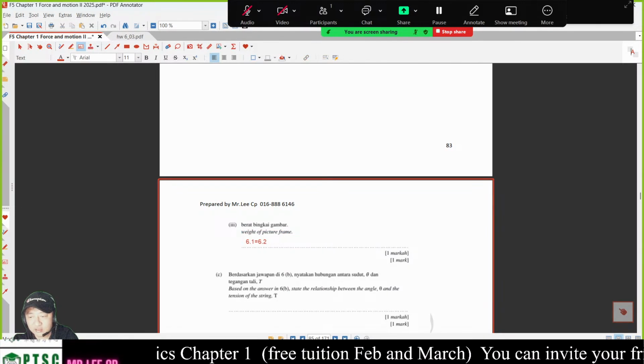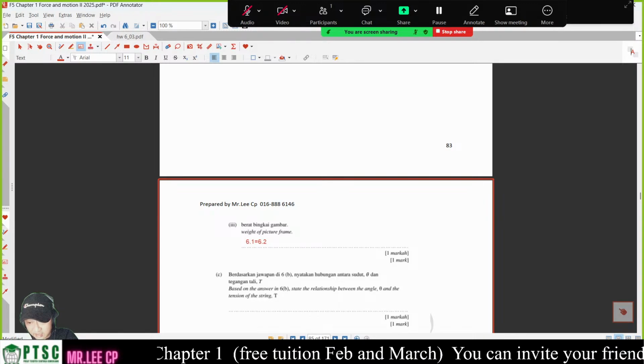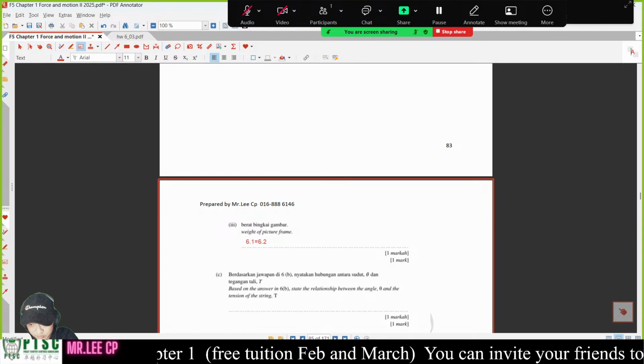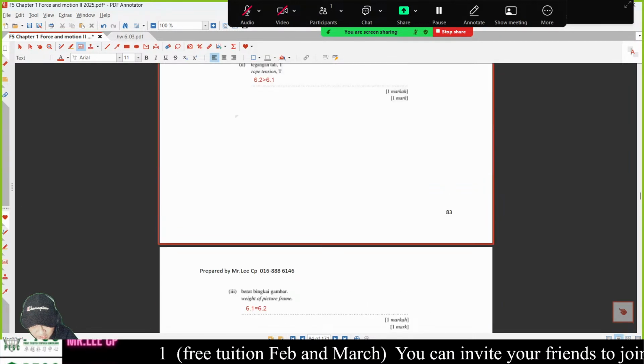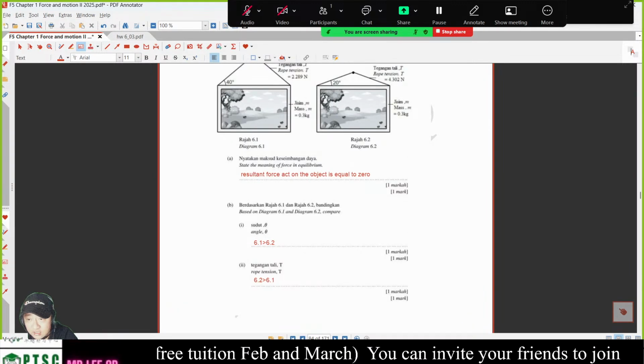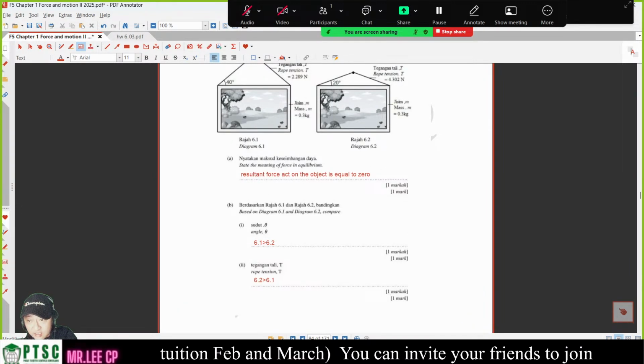Based on the relationship of the angle, give me the relationship of the angle with the tension T, right? So the greater the angle, the smaller the tension.